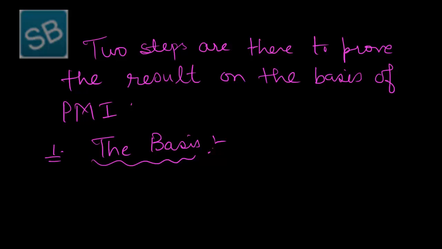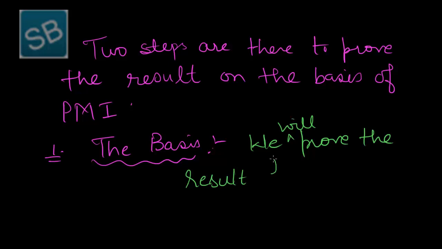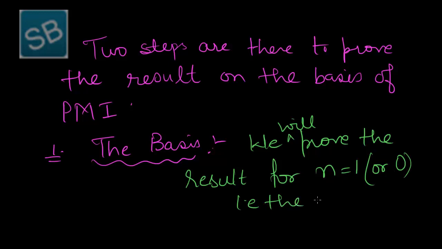So what is meant by the basis? We prove the result for n is equal to 1, or if 0 is the least value, then we will prove the result for 0, that is the lowest value.